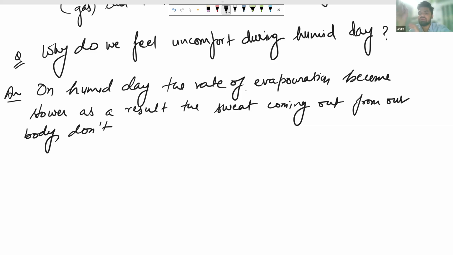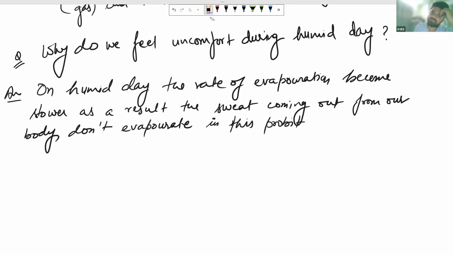As a result, the sweat coming out from our body does not evaporate easily, or evaporates slowly.